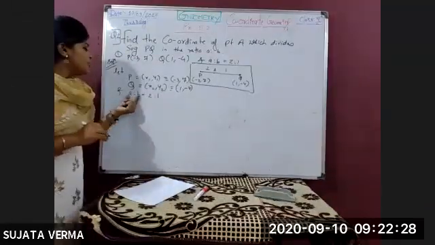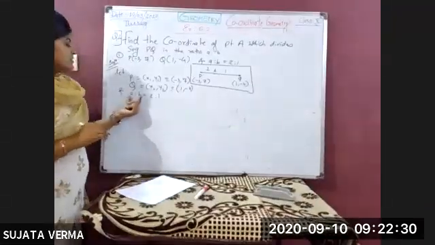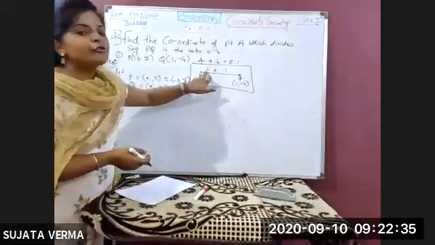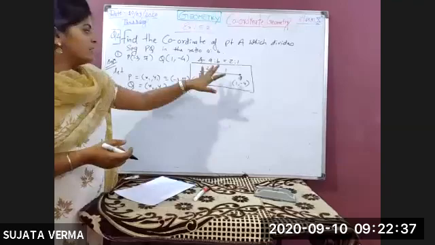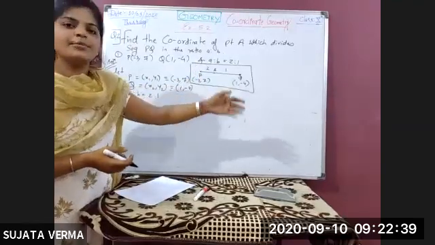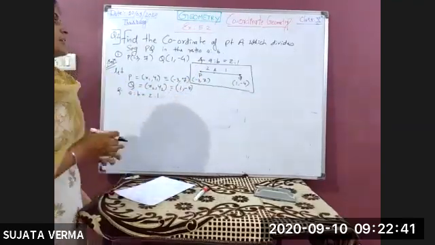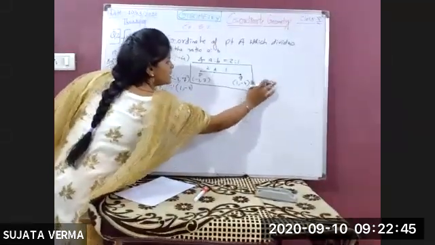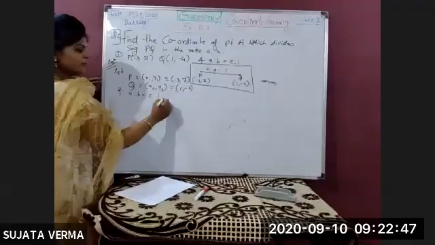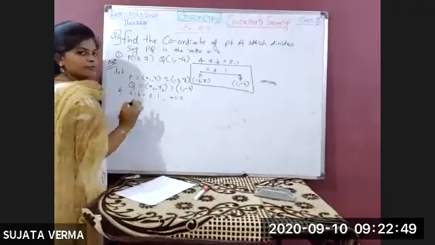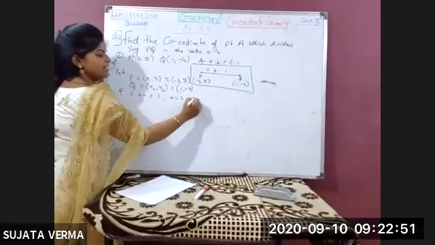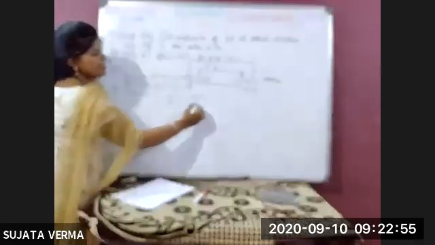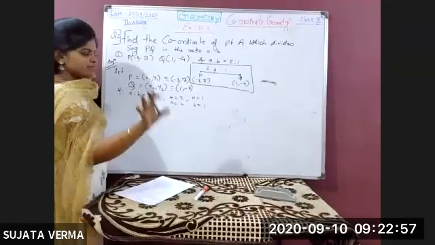Listen, in the previous question the ratio was M is to N. No problem. Here M is equal to 2 and N is equal to 1. Sometimes it gives A is to B, M is to N, P is to Q, but most of the time we use M is to N. So we write M is equal to 2 and N is equal to 1, or you can also say that A is equal to 2 and B is equal to 1. No matter.